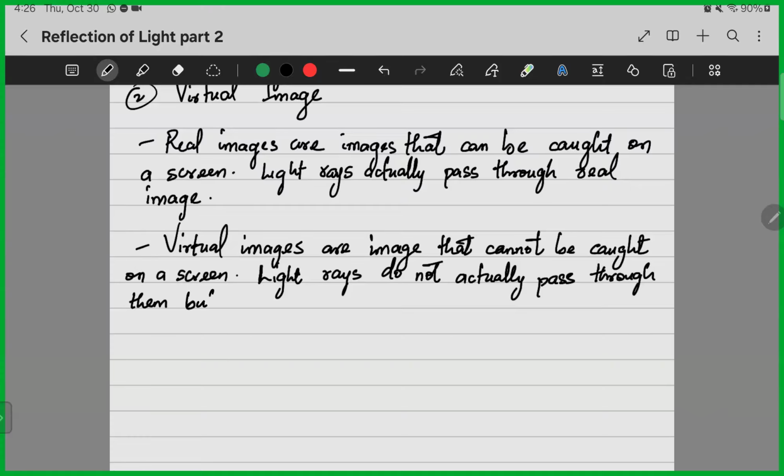But they are still visible to the eye. So keep that in mind.